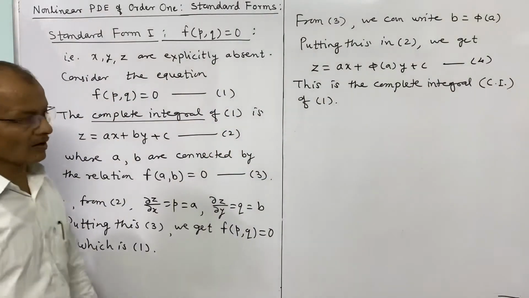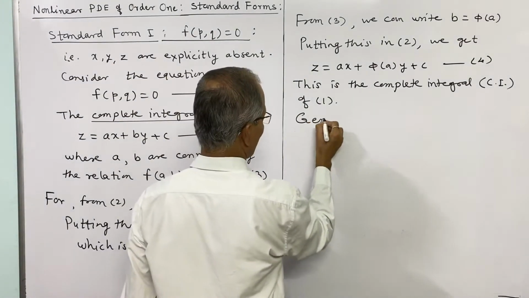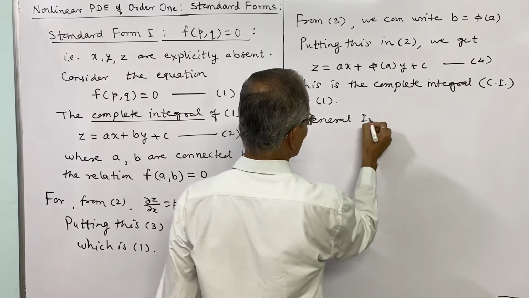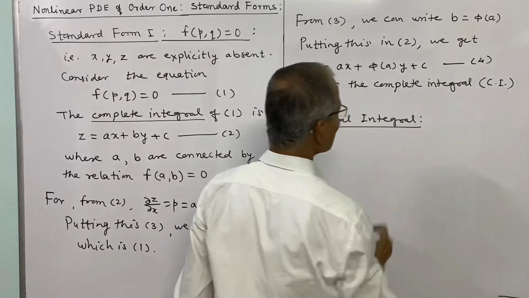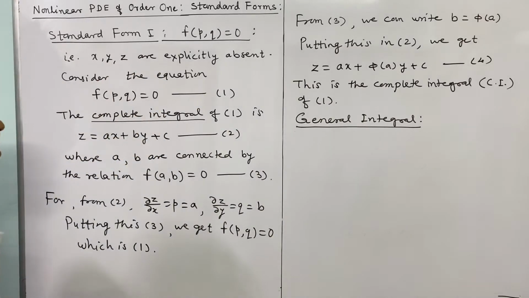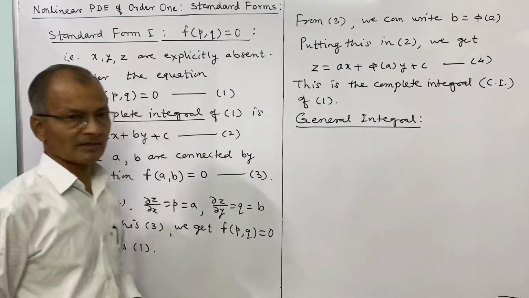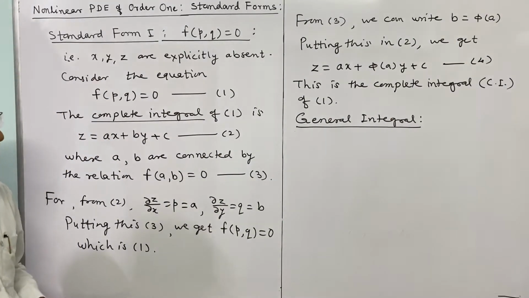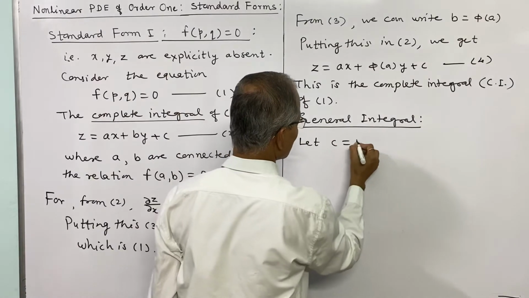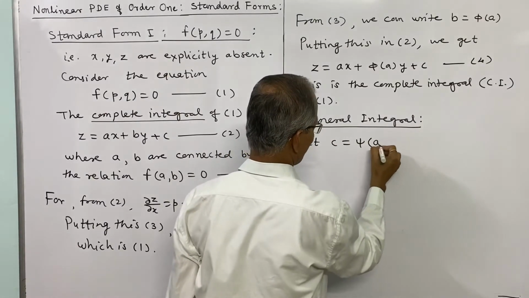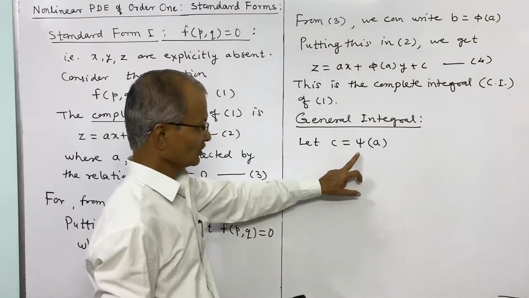So thus we obtain the complete integral. And now we will see how to obtain the general integral. To obtain the general integral, we consider c, this constant, as a function of a, and that function we shall denote by psi.